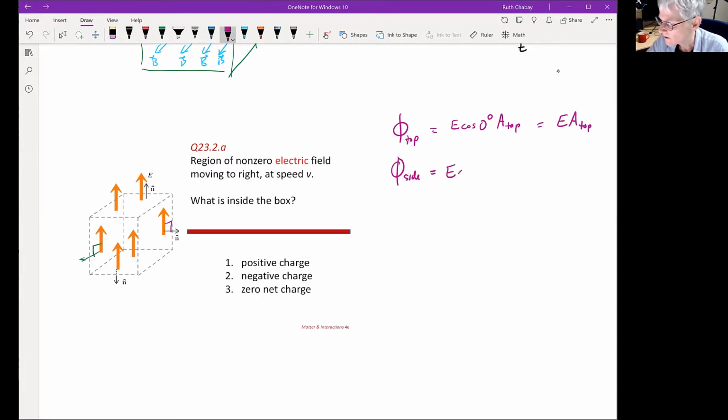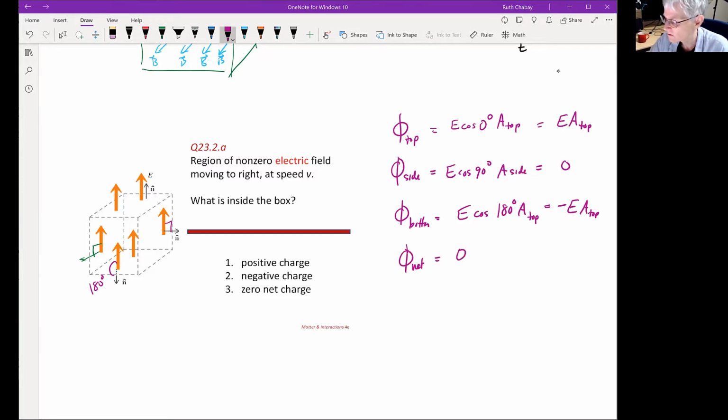So we have E cosine of 90 degrees times the area of the side, which is just 0. And that's true for all sides. The flux on the bottom, we have E cosine of 180 degrees times the area, which is the same as the area of the top here. So this is 180 degrees. So that's a minus E times the area of the top. And so the net flux is going to be 0, and the charge inside equals 0.